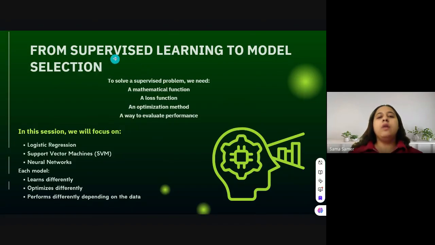Here, the goal inside the supervised learning model, or the selection of the model, is to know the mathematical function or the mathematical algorithms that the model uses, the loss function, the optimization method, or how to optimize the accuracy or the training of this model, and a way to evaluate the performance.